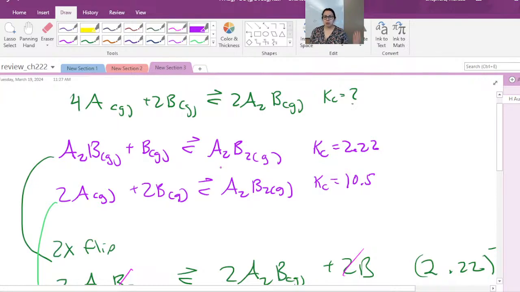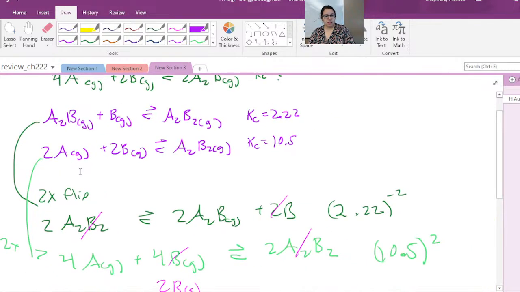So that's telling me I'm probably going to have to flip something. Then this has a B, but not an A, so that's why most people were thinking to flip this one. Then people multiplied it by 2 to give us our 2A2B here. So I think that's what gives you the most hint.